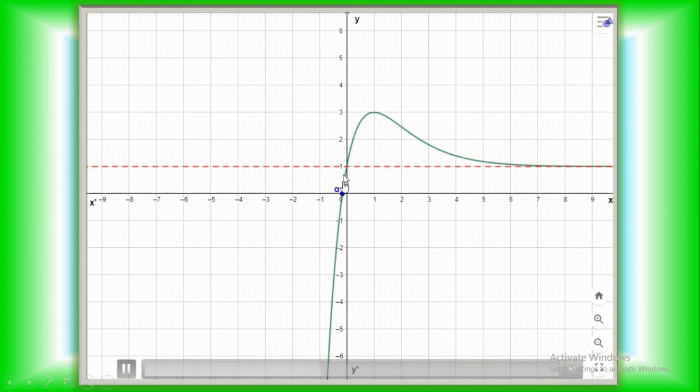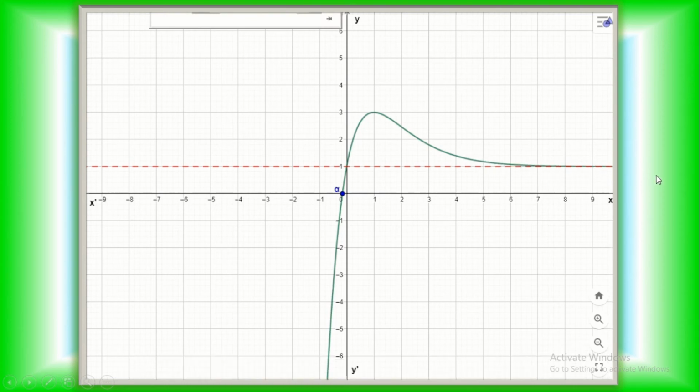At x equals 0, the function is 1. It increases till x equal 1, since f prime of 1 equals 0 and f of 1 equals 3. Then it will decrease, and as x tends to plus infinity, f of x tends to 1. Here y equal 1 is a horizontal asymptote to this function at plus infinity.